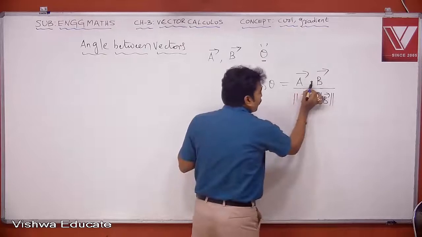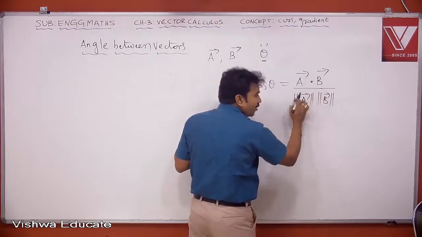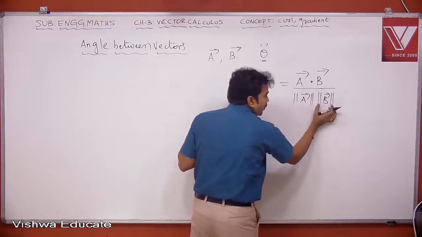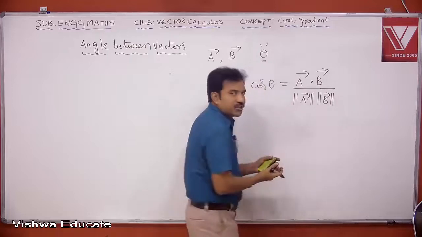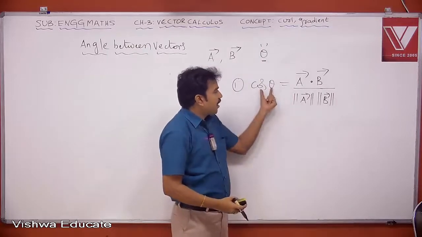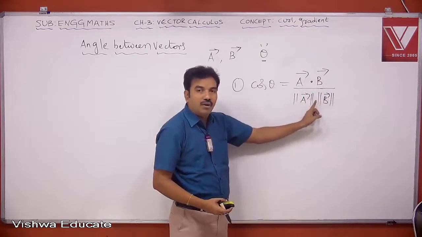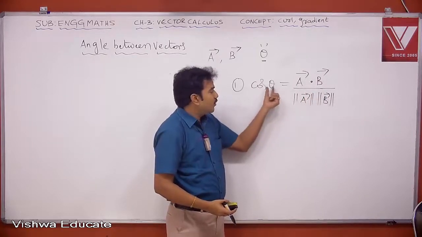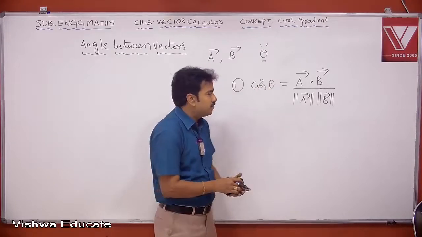Now this is a dot product and this is normal multiplication, because the length gives a normal scalar expression. Multiply them. So cos theta is given by a bar dot b bar divided by norm a bar times norm b bar. Using this you can easily measure the angle between two vectors a bar and b bar.